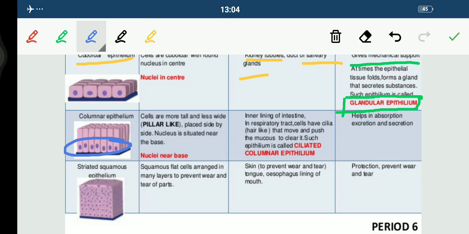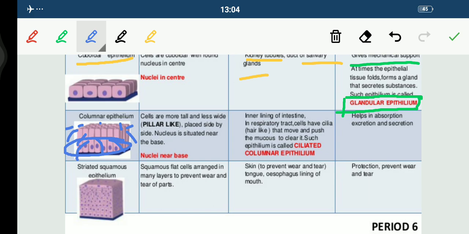These columnar epithelia are present in the inner lining of the intestine and in the respiratory tract. Cells have cilia, hair-like structures that move and push the mucus to clear it. Mucus is a kind of liquidy substance, students, and these tiny hair-like structures present around the columnar epithelium in our respiratory tract help in moving and pushing the mucus so that it can clear our tract.